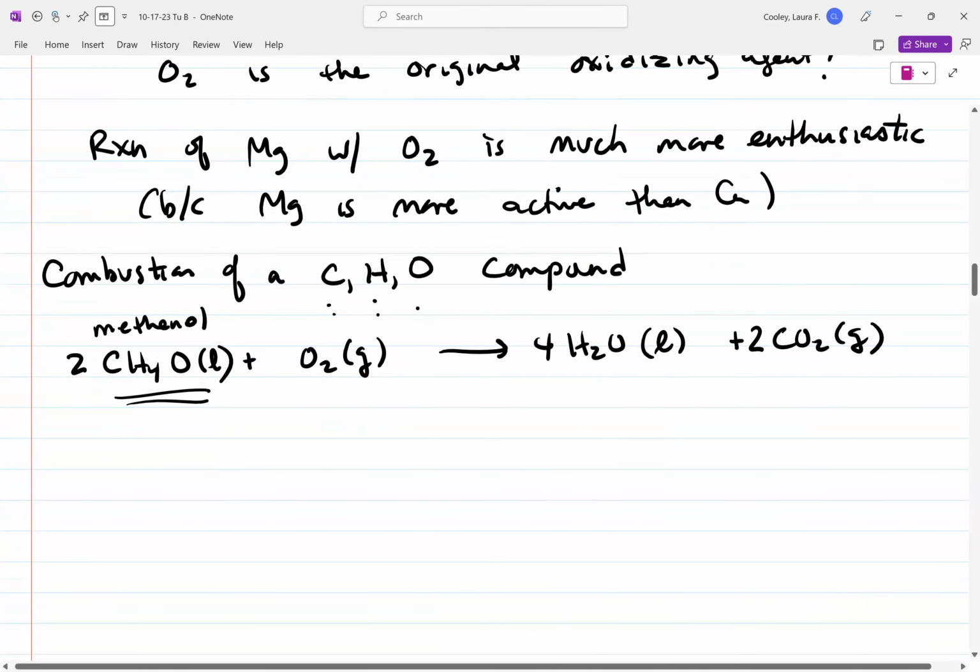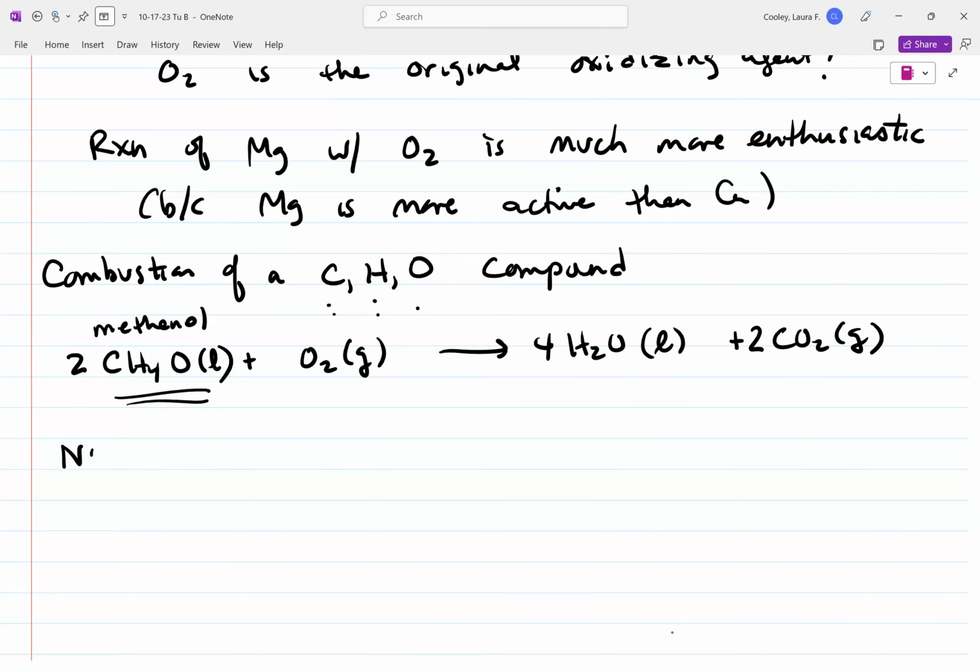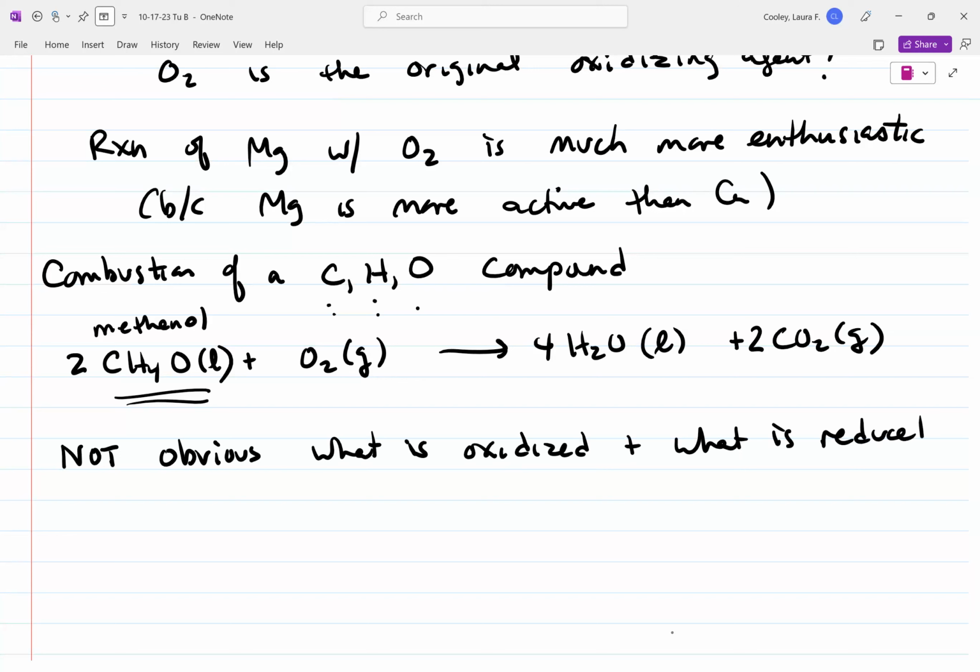So now we have to ask ourselves, what is oxidized here and what is reduced? And it is really not obvious. And why is that? The reason is because these are not ionic compounds, so we don't have ions with obvious charges. These are molecular compounds, every one of them.